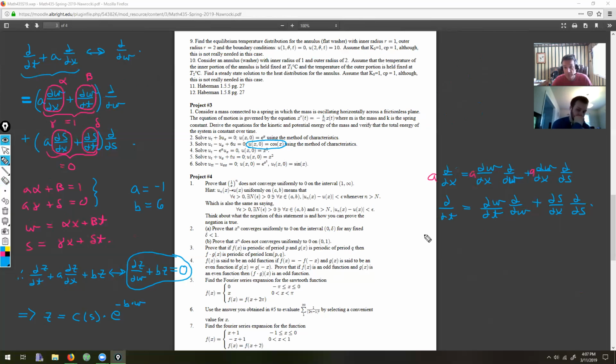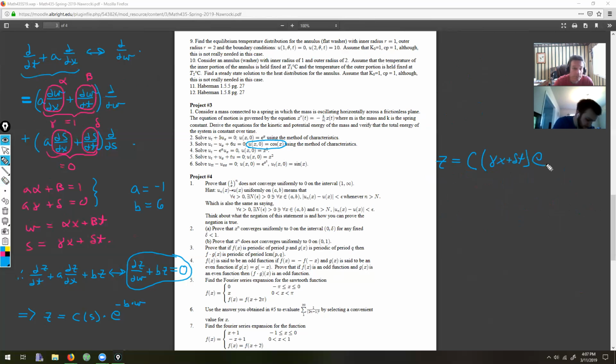So now Z is equal to C of gamma X plus delta T, times e to the negative B times alpha X plus beta T. B is 6 in this case, remember.